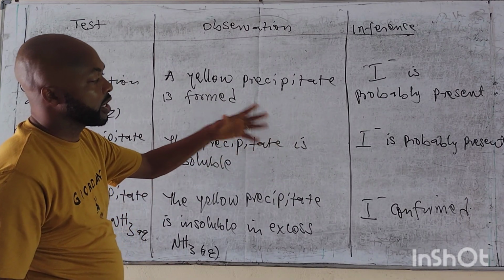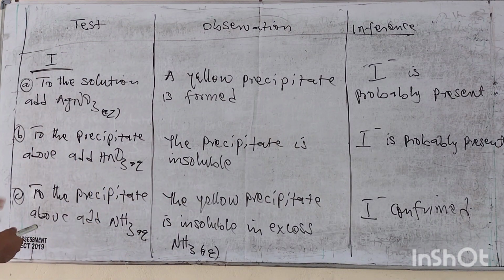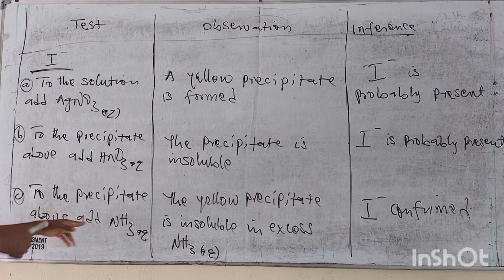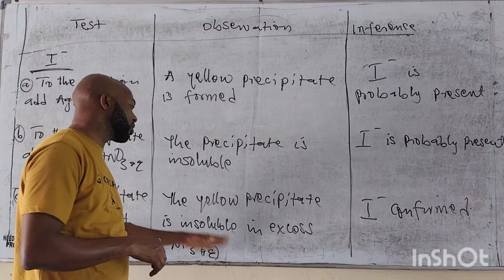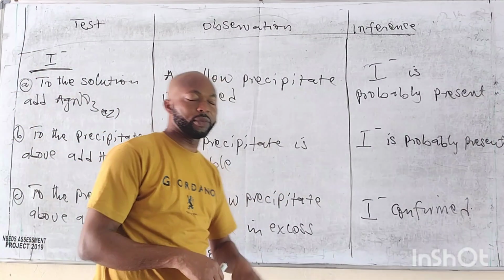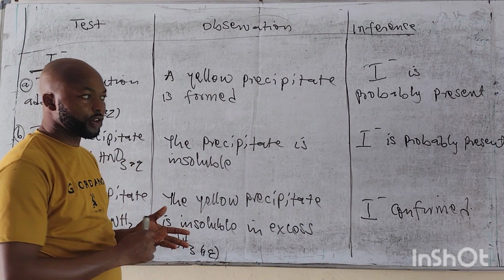Iodide ion is probably present. To the precipitate above, we add aqueous NH3. The yellow precipitate is insoluble in excess of ammonia solution. Iodine is confirmed.